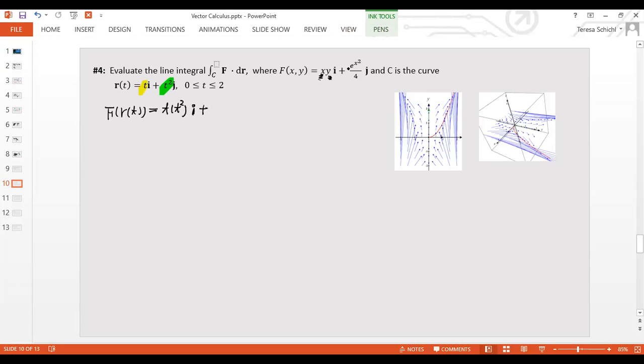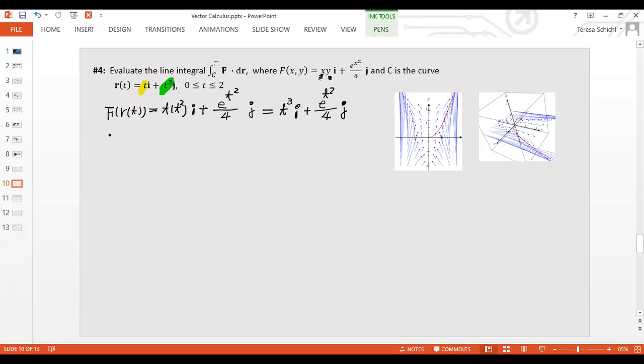Then plus e to the x squared, with a 4 in front, and x squared is t squared, so e to the t squared. This is my j component. So my F(x, y) changes to t cubed i component plus 4e^(t squared) j component.